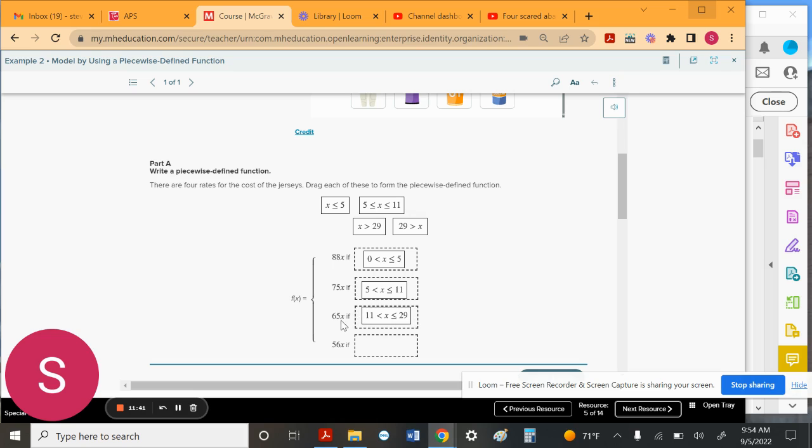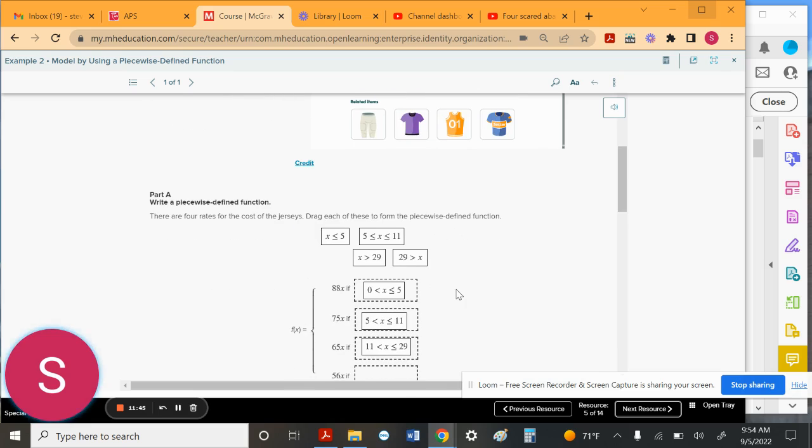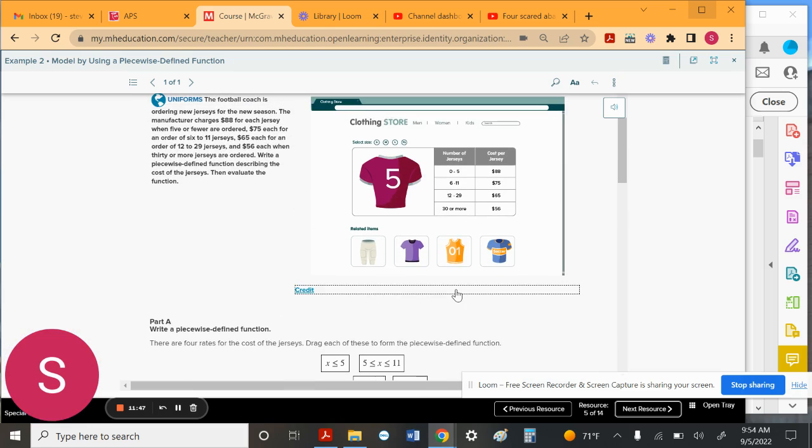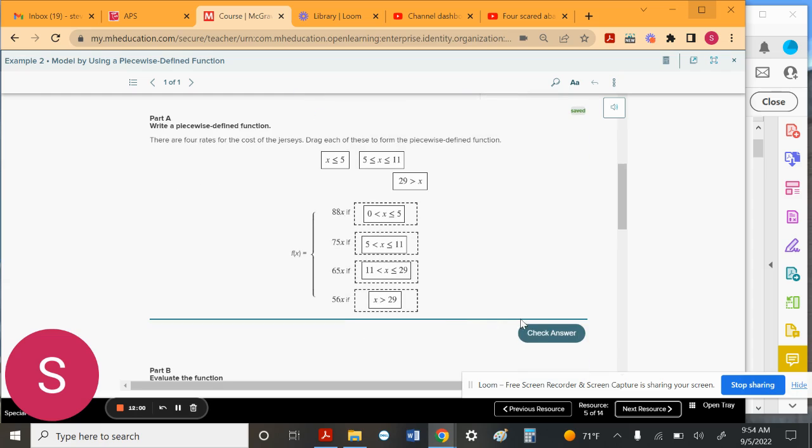Between 11 and 29, it's 65. And then if we order, what does it say here? It's $56 when there's 30 or more. So more than 30 would be x is greater than 29. So we're going to bring that one down here and put one in there, and we're okay.